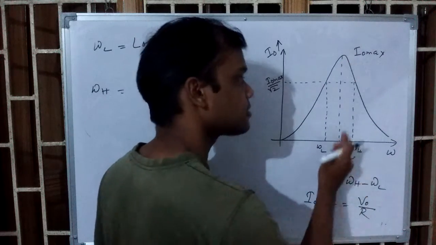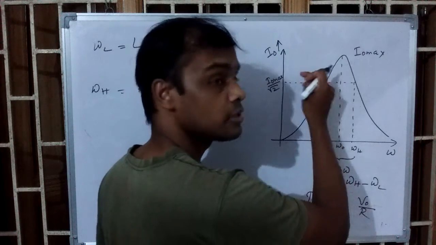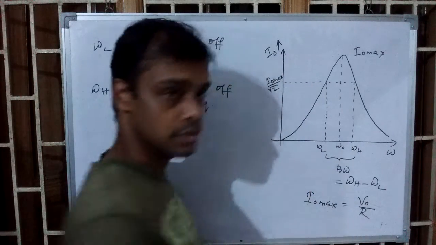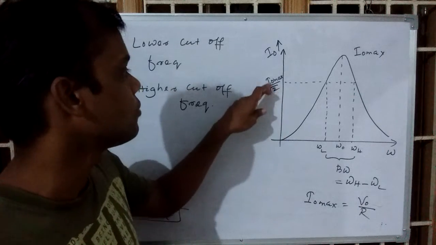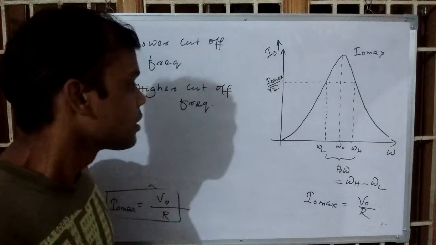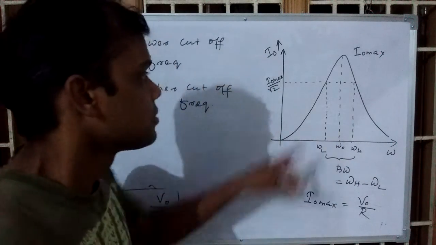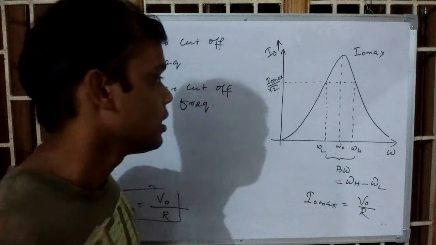If omega increases it will go in this manner, or if omega decreases, it will go in this manner. That means there is a range of frequency over which the value stays above I naught max by root 2. Within that bandwidth range, I naught max is only one single point.